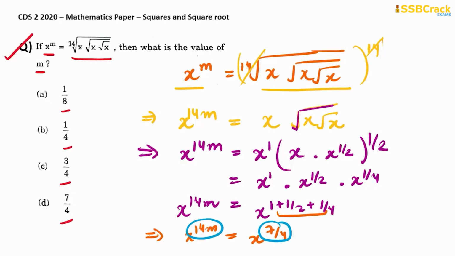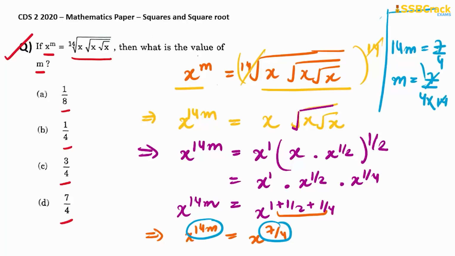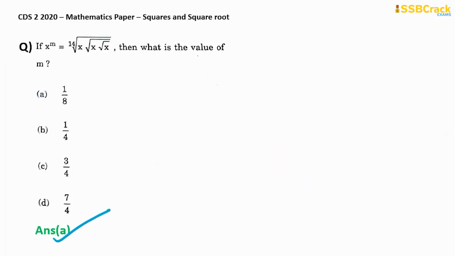So here we can write 14m is equals to 7 by 4 and m will be equals to 7 by 4 into 14. So 7 ones are 7, 7 twos are 14. So it will be 1 by 8. So the value of m is 1 by 8 here, which is given in option A. So option A should be the correct answer for this question. Let's check. So yes, option A is correct only.